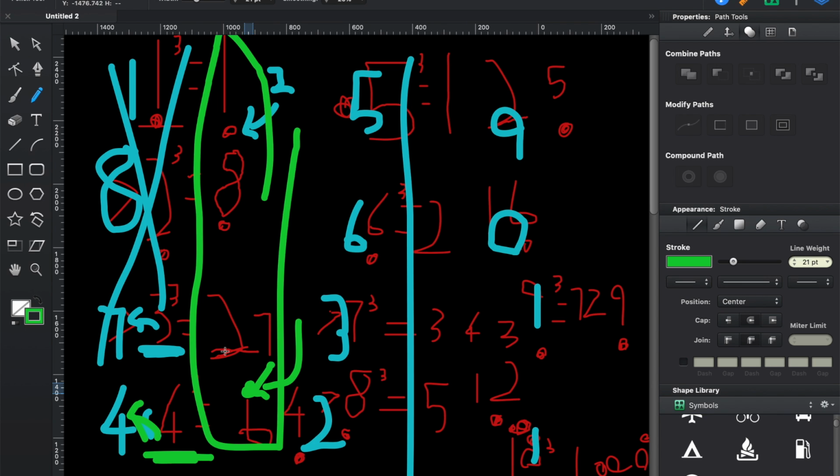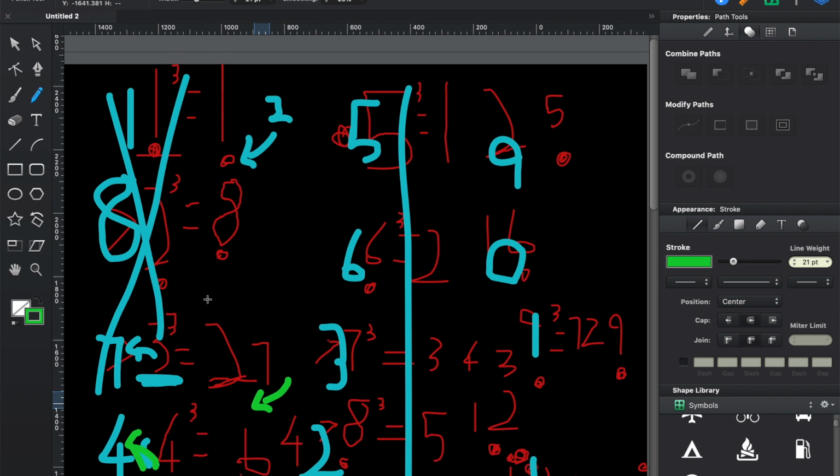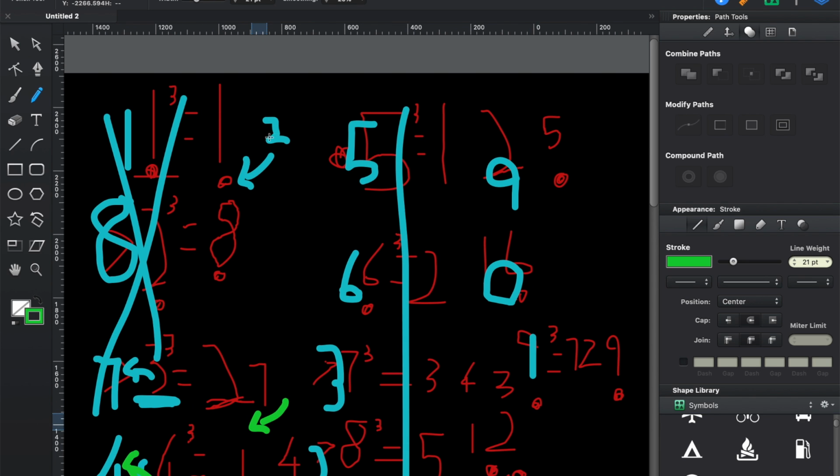So let's say it's right there. It's getting a bit messy in here. Anyway, it's somewhere in between here. If it's right here, take the lower number and look at its other side, which is over here.